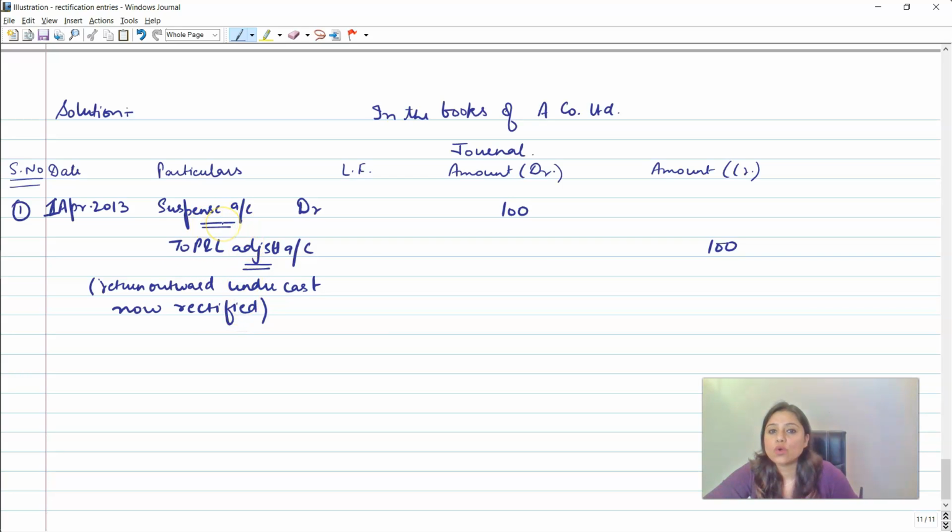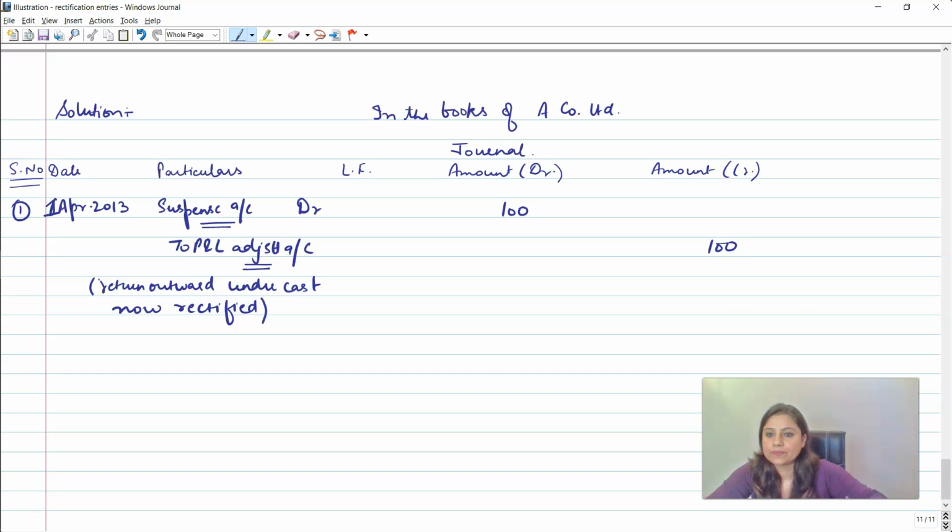And also, in order to reduce the balance which has now been rectified, we will be debiting the suspense account, as such difference that was found out on closure of the previous year account books must have been put in the suspense account only. So as and when we recognize and rectify a particular entry, then the second impact needs to be given to the suspense account, so that the suspense account is reduced by such amount.